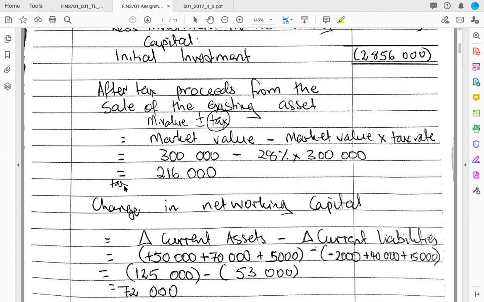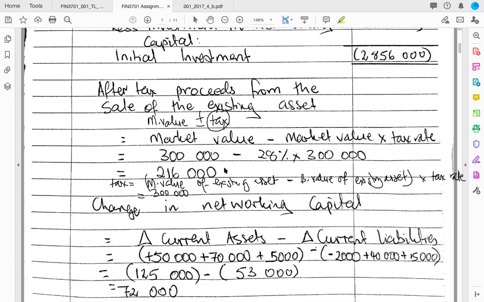To calculate the tax, we can take the market value of the existing asset minus the book value of the existing asset times the tax rate, right?